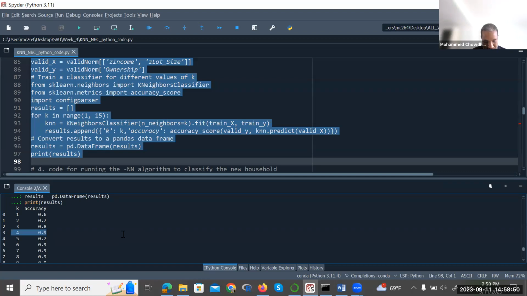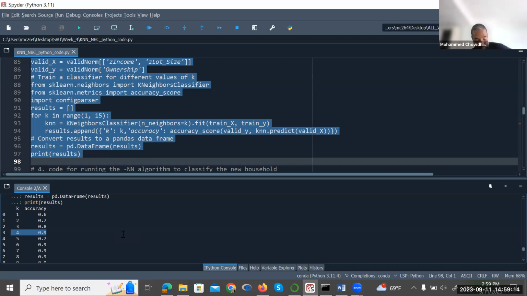On the other hand, if we choose a large value of K, such as K equal to 14, we would simply predict the most frequent class in the data set for all cases. That is a stable prediction, but it completely ignores the information in the predictors. To find the balance, we examine the accuracy that results from different choices of K between 1 and 14.